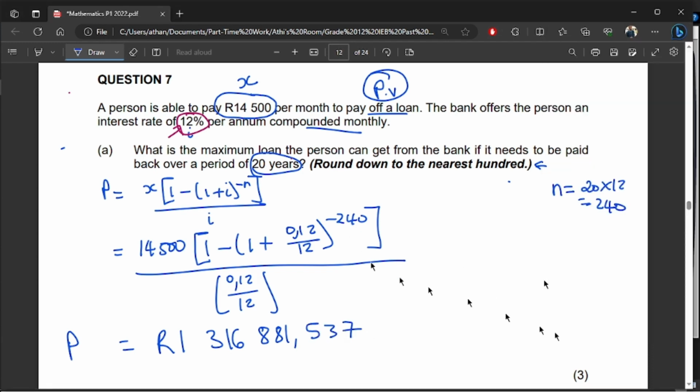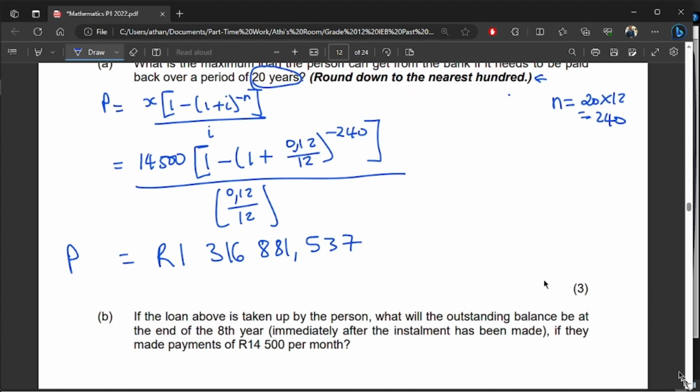But remember they said round to the nearest 100. Now I'm going to round off to the nearest 100. This is 1,316,000. The nearest 100 would be round down. Nearest 100 is 900, but they said round down, so we have to take 800. There it is. Get your 3 marks there.